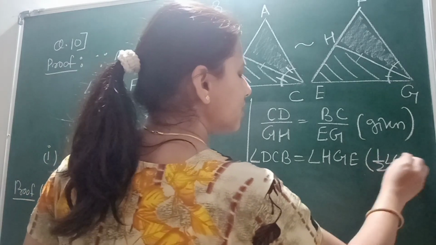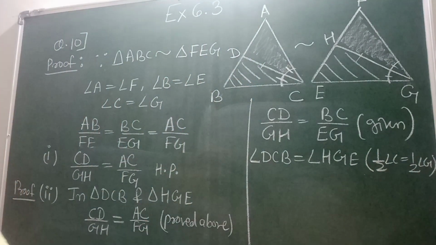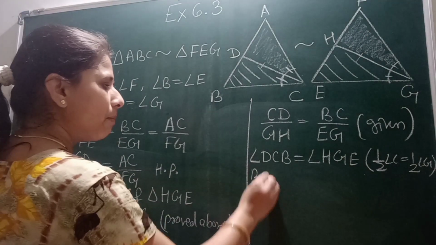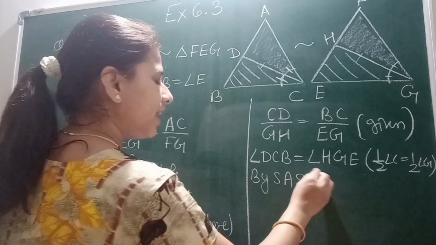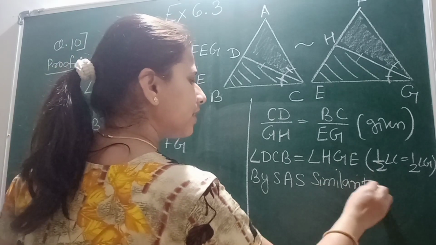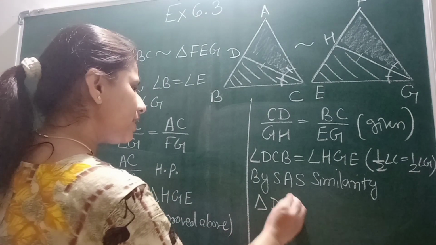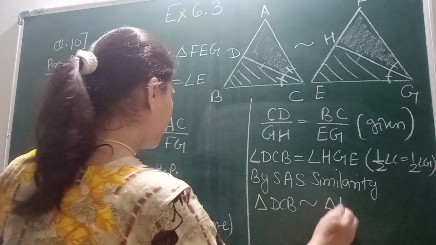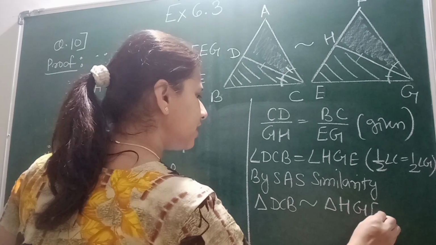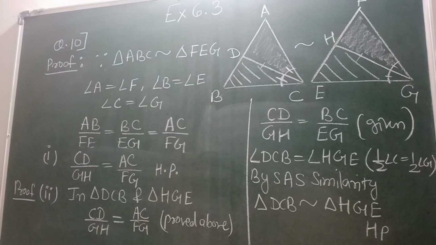Half of angle C equals half of angle G. So student, which similarity will we apply here? By SAS similarity. Both triangles will be similar. Triangle DCB is similar to triangle HGE. Hence proved. With this, your second part is also proved.